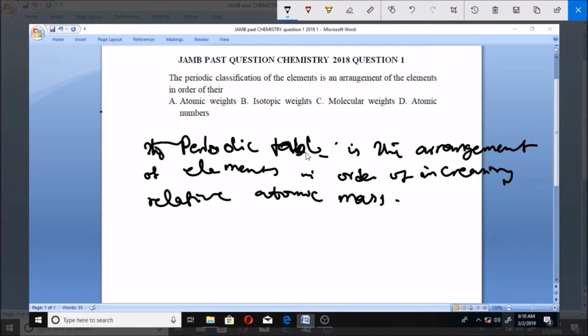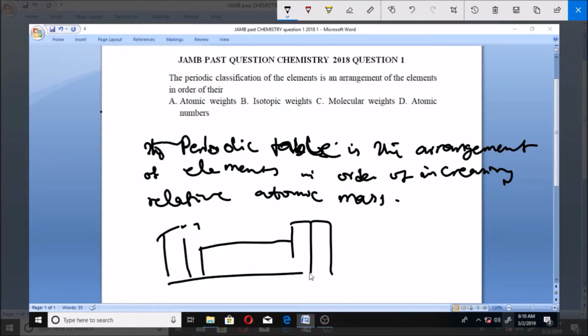The periodic table is simply the word arrangement of elements. You have a table like this, where you have elements arranged in the periodic table. Now, what is actually happening in this periodic table?